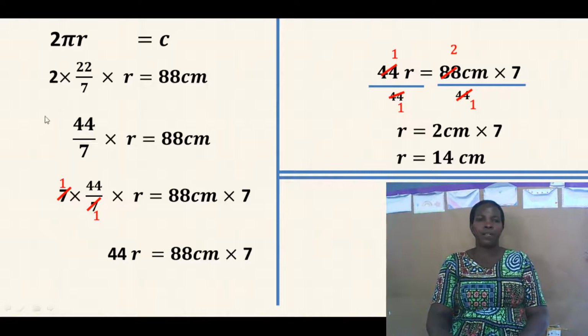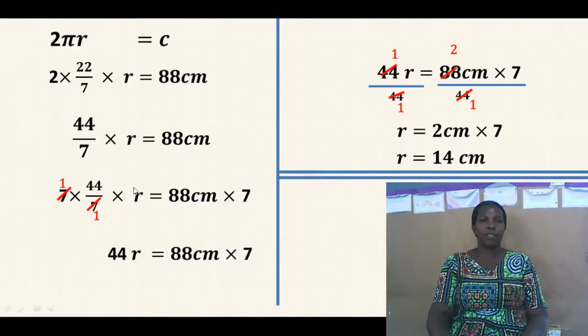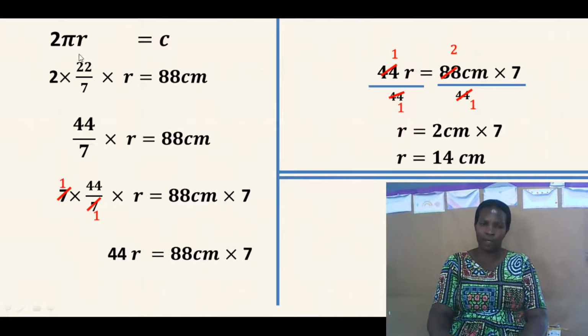My dear boys and girls, this question required you to calculate the circumference. It required you to calculate the radius. Question 1, part B, required you to calculate the diameter. So when calculating the radius given circumference, our formula stands to be 2 pi r equals circumference.